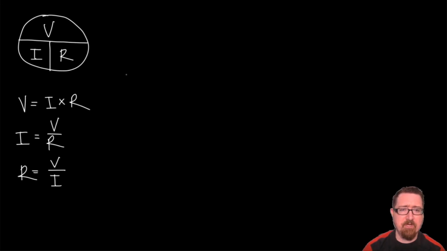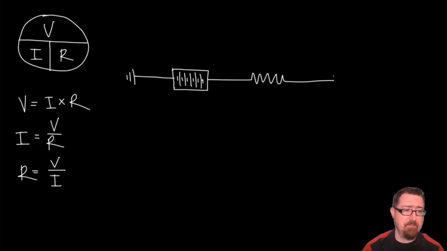So let's go ahead and draw a very simple circuit wiring diagram here. So I've got my ground, which leads to my battery here. Okay, and then a wire is going to lead to a load of some sorts, which then is also going to lead to another ground.